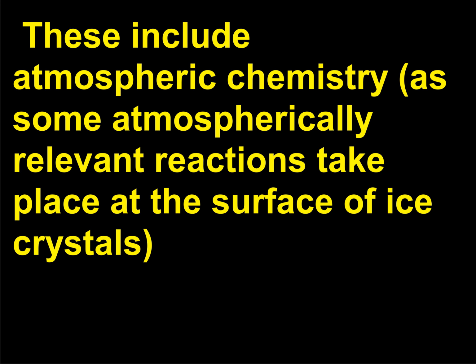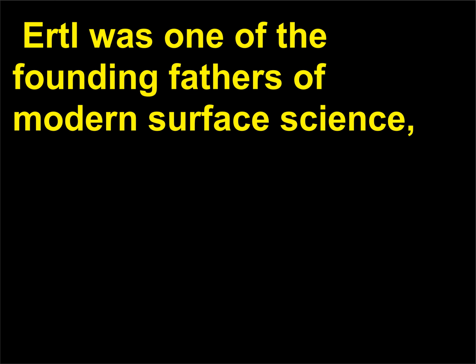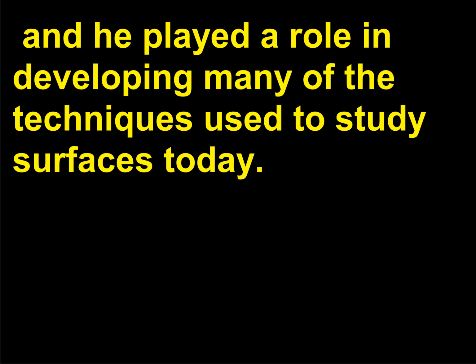These include atmospheric chemistry, as some atmospherically relevant reactions take place at the surface of ice crystals, semiconductors, and solar energy capture, to name a few. Ertl was one of the founding fathers of modern surface science, and he played a role in developing many of the techniques used to study surfaces today.